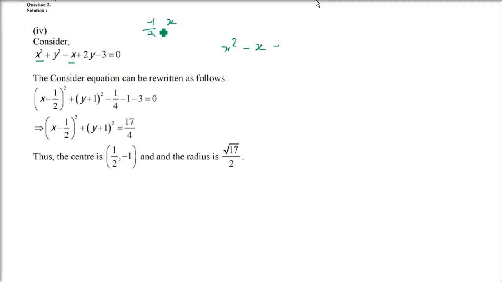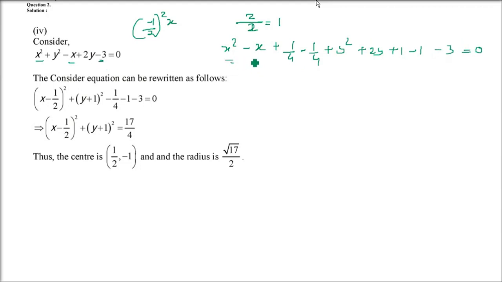Similarly with y square plus 2y. The coefficient of y is 2, so divided by 2, you get 1. Now add this one and subtract this one to make it a perfect square. This equals minus 3 equals 0.